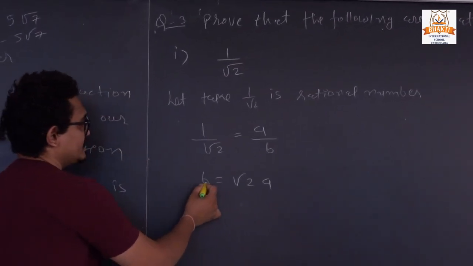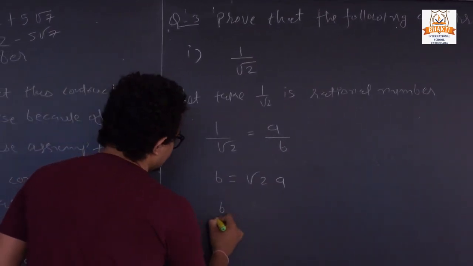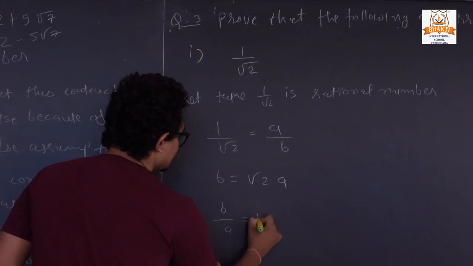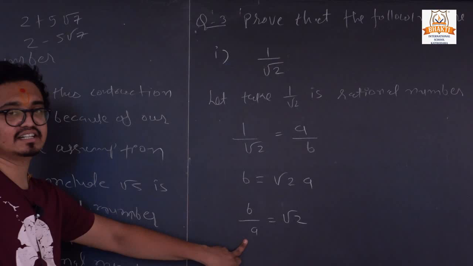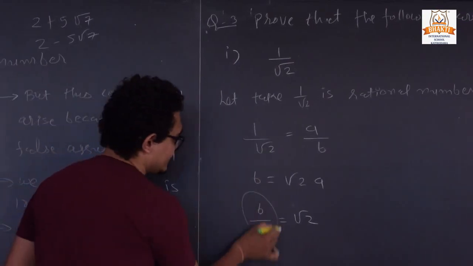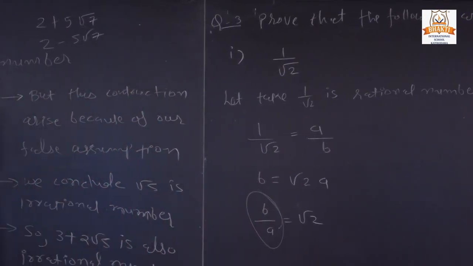Now if B is equal to root 2 A, we can also write B upon A is equal to root 2, because that term is going to the second side. Here we can see that it is a rational number because it is in p upon q form.